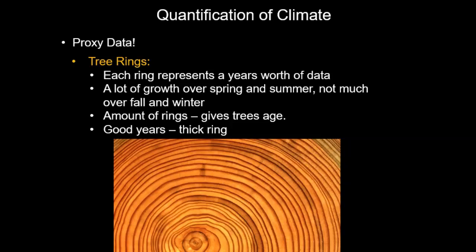And thinner rings will represent unfavorable growth conditions. So by counting the number of rings, as well as measuring their thickness, we can have an idea of the climatic and environmental conditions during the lifetime of that tree. And if the trees around the area also show a similar pattern, then there is further certainty that the ideas we initially got from the one tree sample are correct.